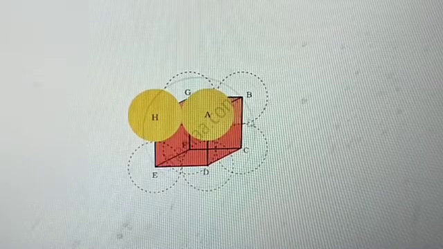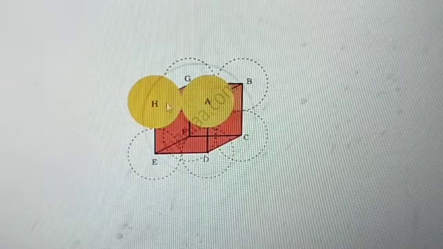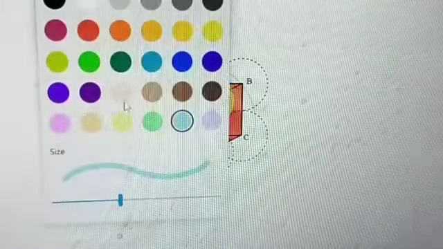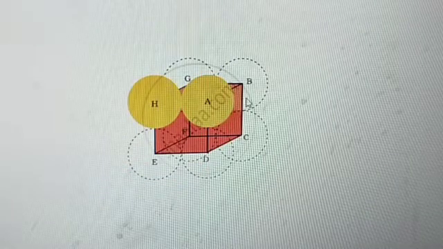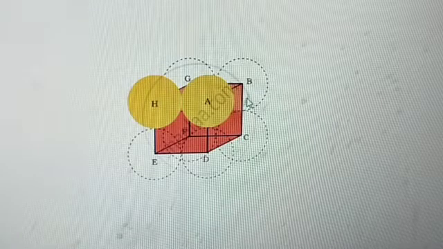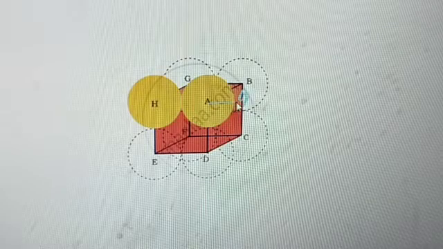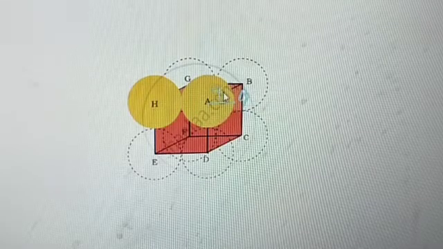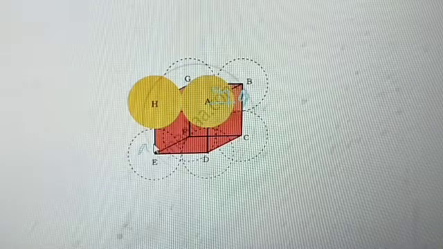A is equal to 2R. How are those two related? Those two are related as A is equal to 2R. So this is nothing but A, the side of the cube is nothing but A. And for example, take this sphere, from here to here this is called radius and this is R. So these two are related as A is equal to 2R.